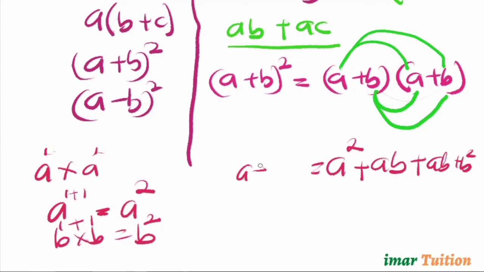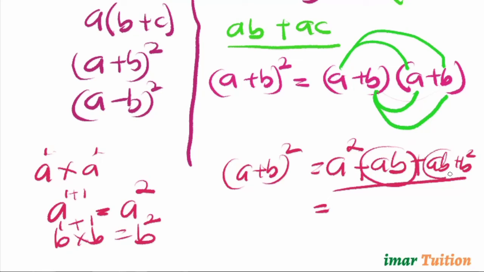So a plus b squared will give us this. And it's not finished. You see this and this, they look alike. They are the same. So our expression becomes a squared plus, this will give you, we have 2 of these. ab plus ab, an orange plus an orange gives you 2 oranges, 2ab plus b squared.